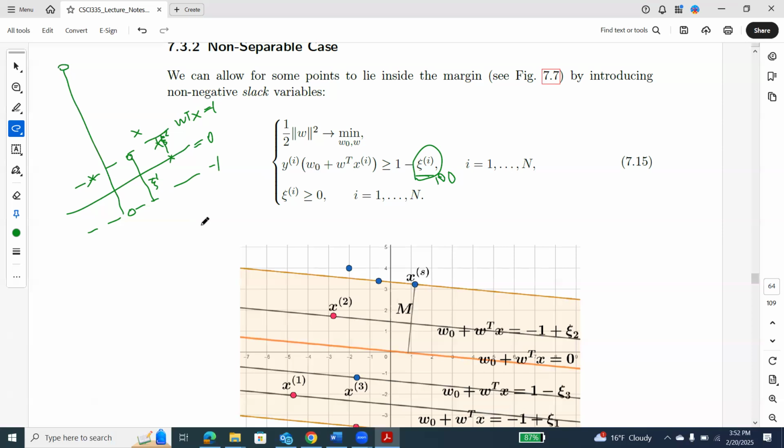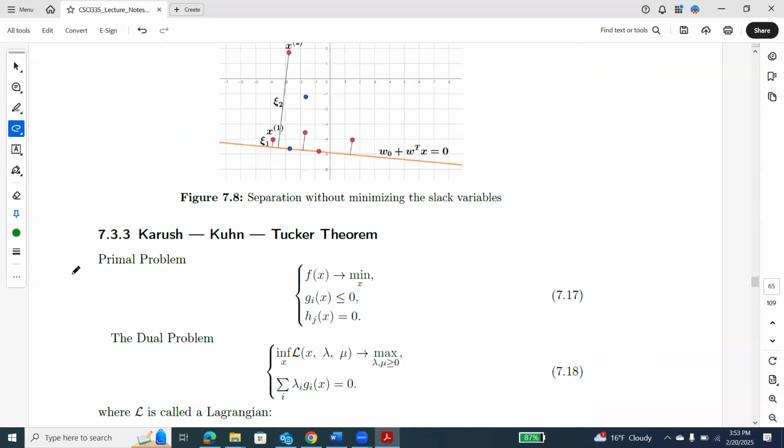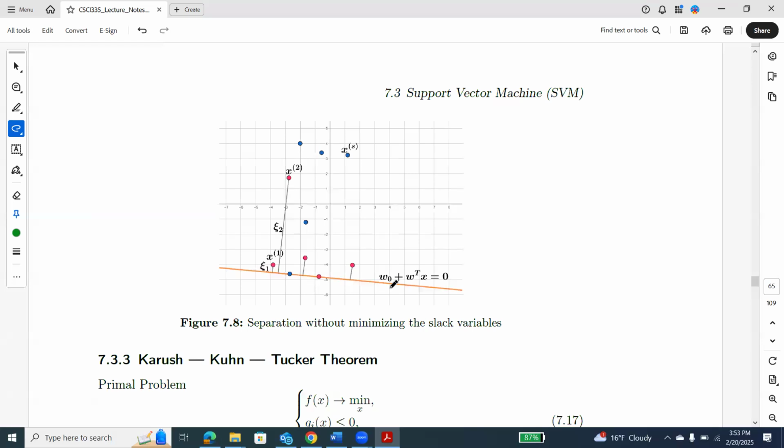So it sounds good, but there is a problem. You can choose another decision boundary, like here. And all the points will be classified as positive class because you can use a very large c, and every time actually you will get a correct inequality.